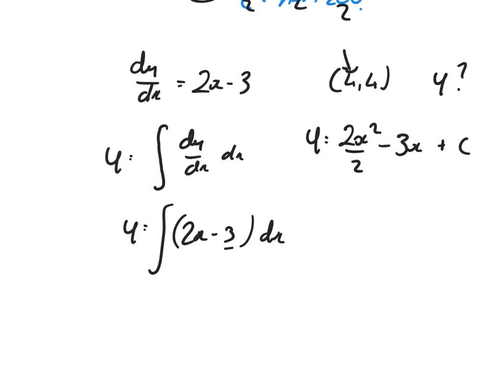I can now identify the constant of integration because I know the x coordinate is equal to 4 when the y coordinate is equal to 4, so I can sub that in. Where I see y, replace it with 4, and where I see x, at the same time replace it with 4.